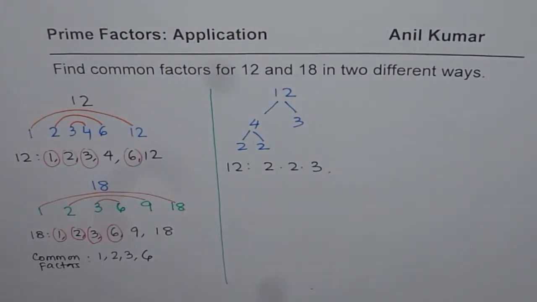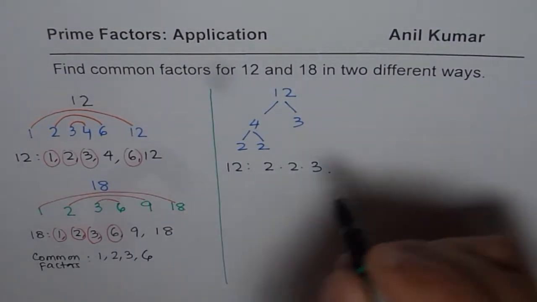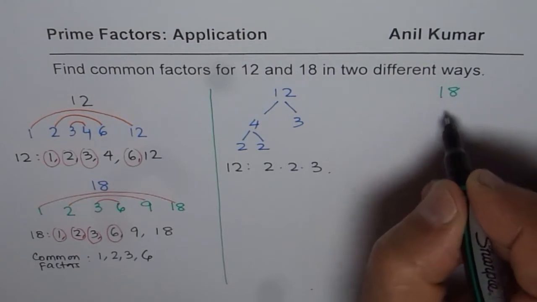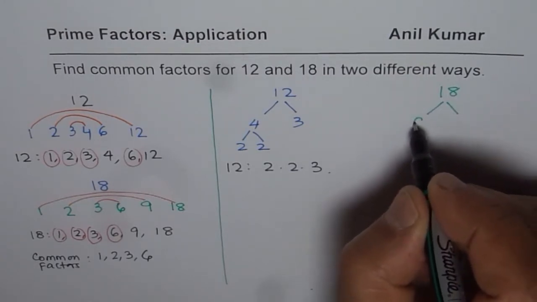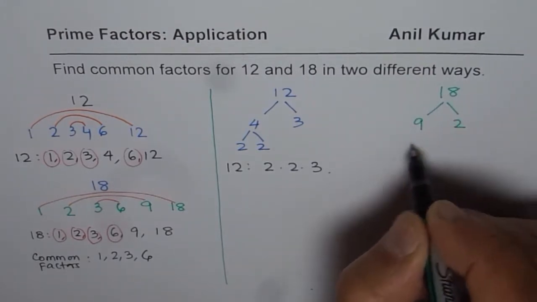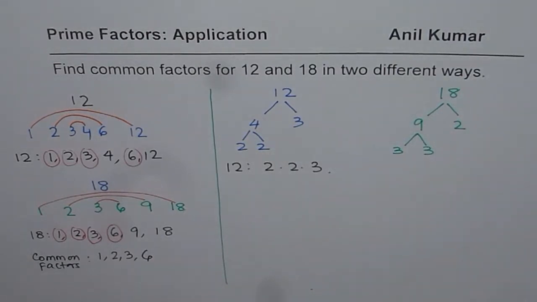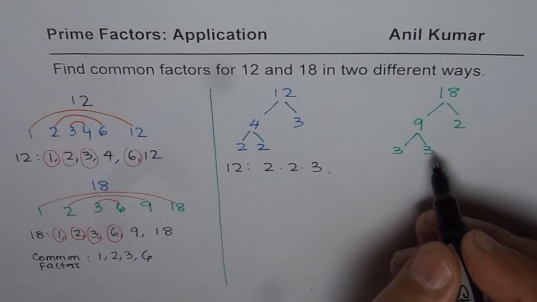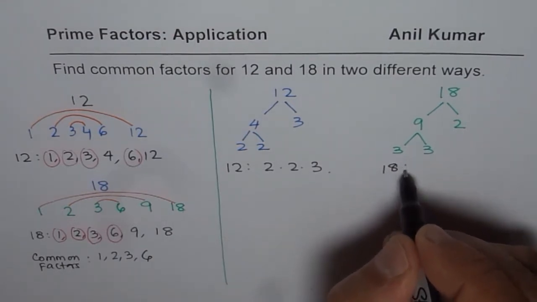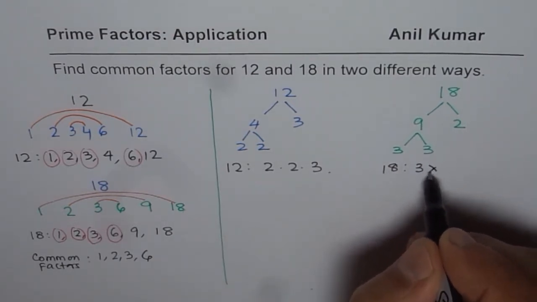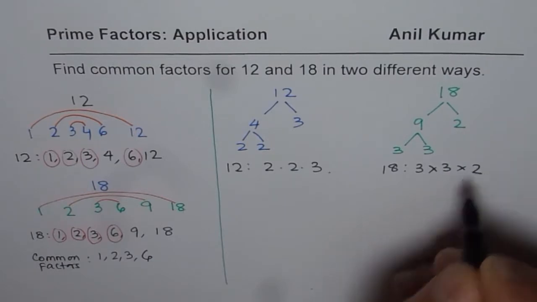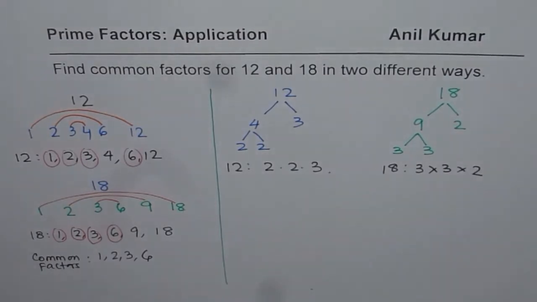Now let us write down prime factors for 18 also. 18 could be written as 9 times 2, and 9 is 3 times 3, right? So the prime factors for 18 are 3 times 3 times 2.